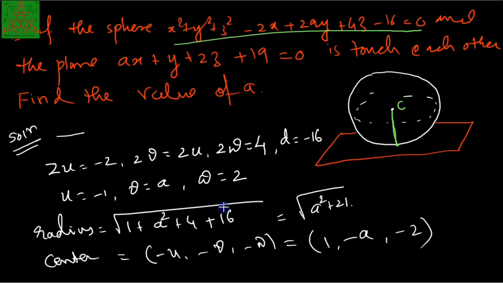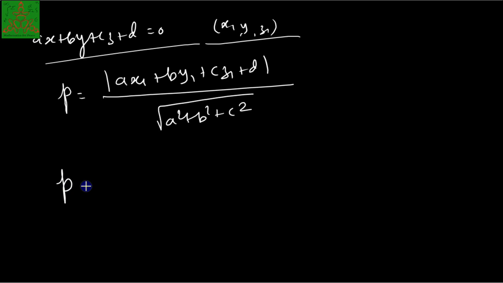Here we have the same thing. I need to calculate the distance between the center and the given plane, and that is exactly the same as the radius. That is the situation we have. So let us first calculate this distance. The equation of the plane given is ax plus y plus 2z plus 19 equal to 0, and the center we have calculated is 1, minus a, minus 2.